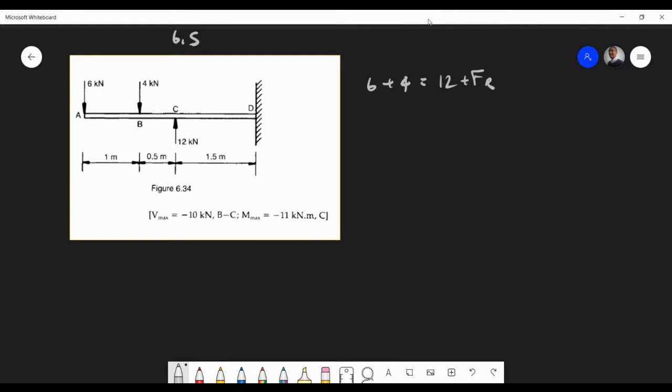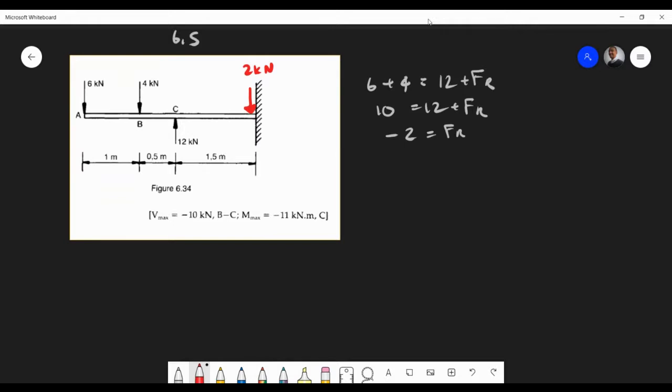Fr is the force existing at the wall, so we don't know the direction as of yet. We assume a direction, normally acting upwards. If we tally this, that's 10 and that's 12 plus Fr, and carrying it over, that is minus 2. So Fr is actually acting downwards. Now we found the force resisting at the wall, and it's 2 kilonewtons. That's the force required to keep this body stable.